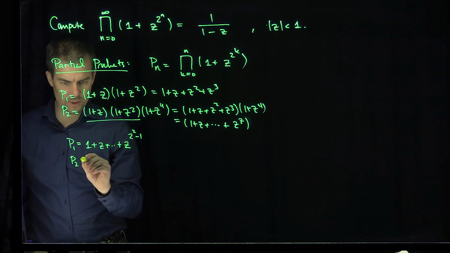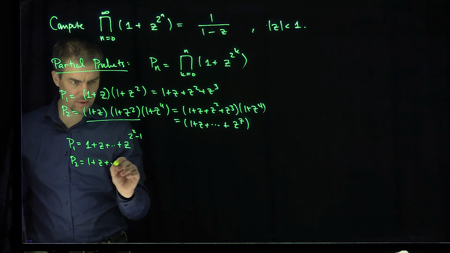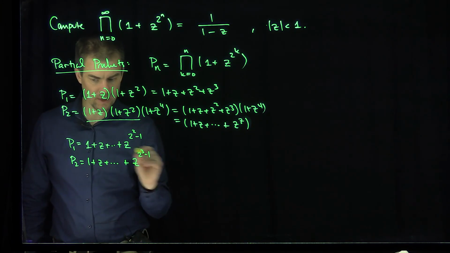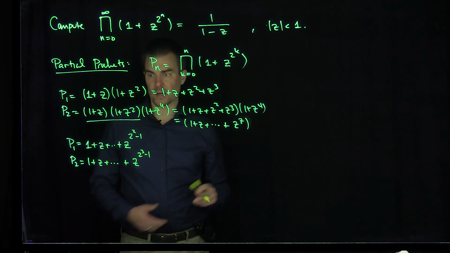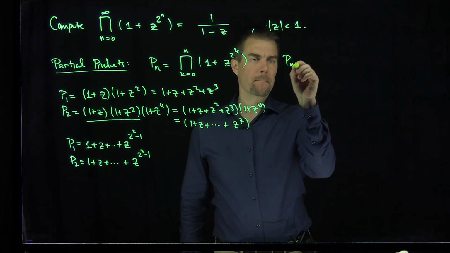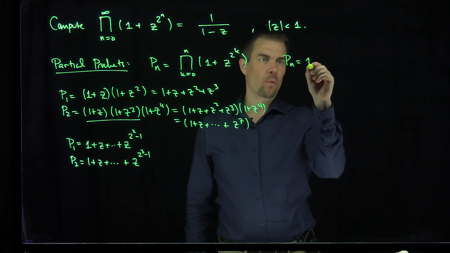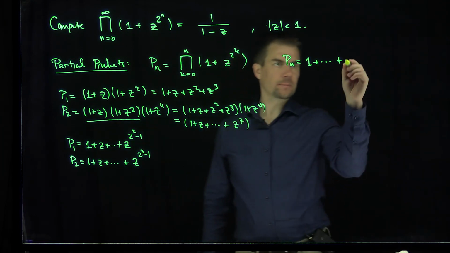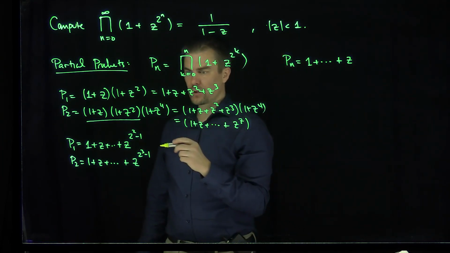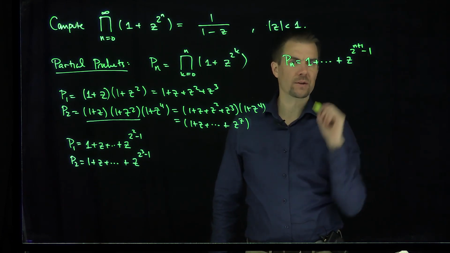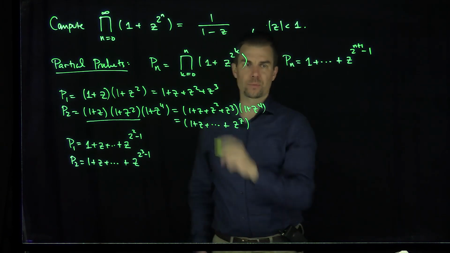Looks like P2 is going to be 1 plus z plus all the way up to z to the power 2 cubed minus 1. And so that gives us a conjecture for what Pn should be. Our conjecture here is that Pn is going to be 1 plus z plus all the way up to z to the power 2 to the power n plus 1, and then minus 1. So that's our conjecture for what the partial product is.